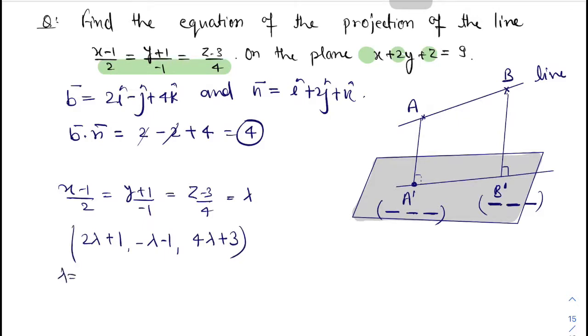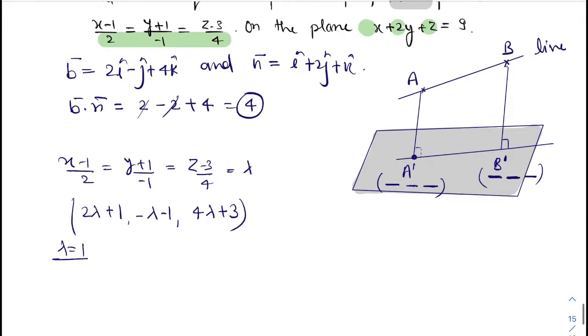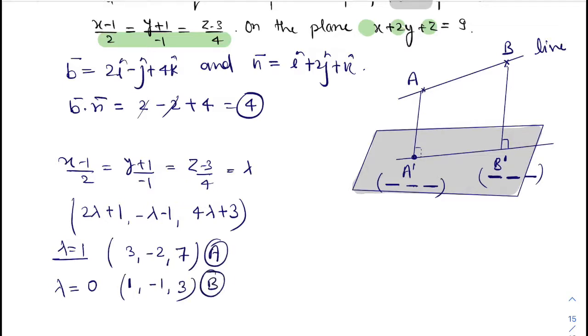If I put lambda equal to 1, I will get a point (3, minus 2, 7). If I put lambda equal to 0, I will get one point as (1, minus 1, 3). Let this be A, let this be B.